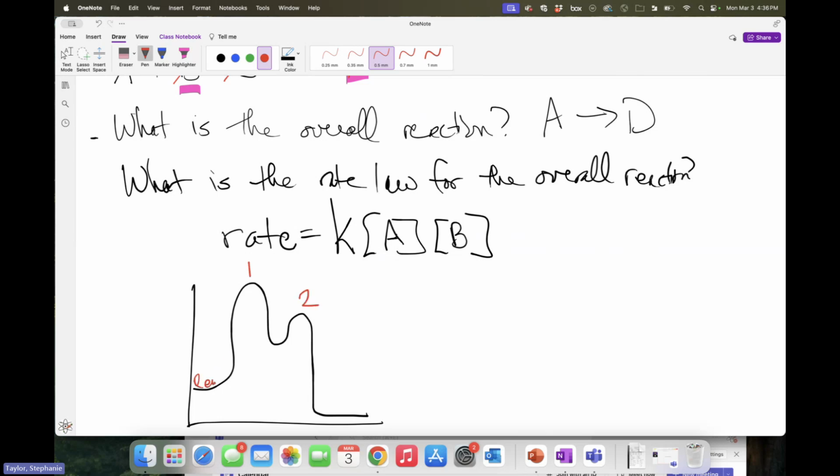I have my reactants here on the left. I have my products here on the right. I have my intermediate down there in the middle. I have things like activation energy that I can draw in. All sorts of things. Activation energy 1, activation energy 2.